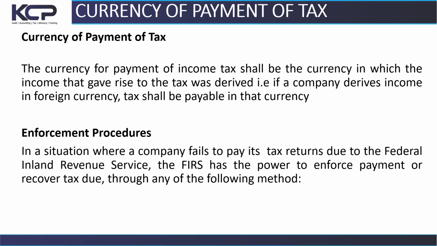So the question is, at the end of the computation, does that mean that they split it into two? Some part will be paid in dollars because it was sold externally, and some part will be paid in naira because it was sold locally.